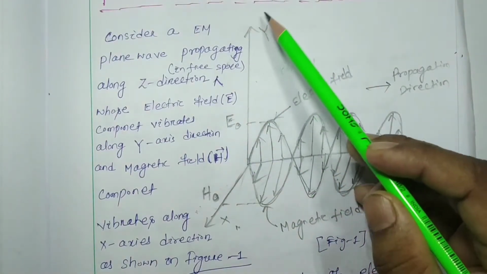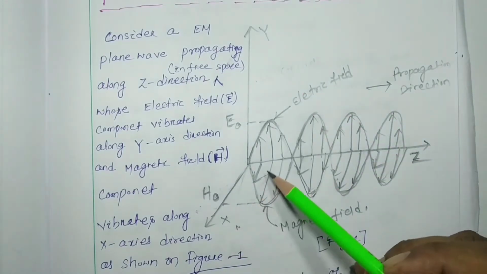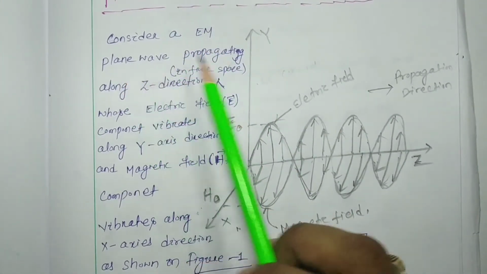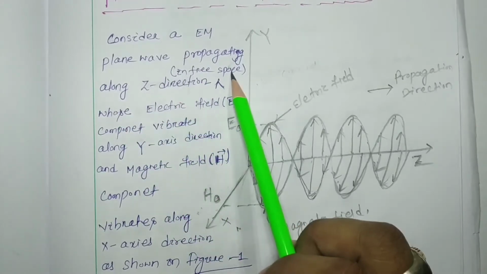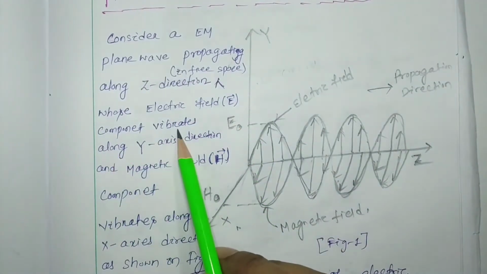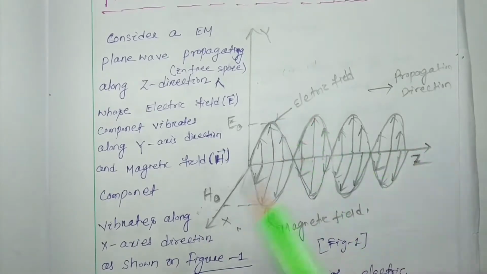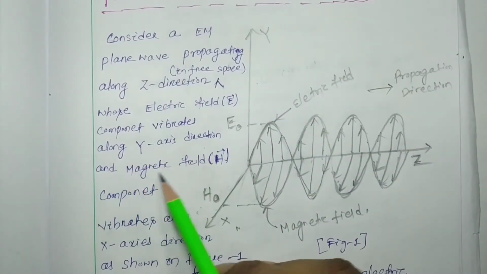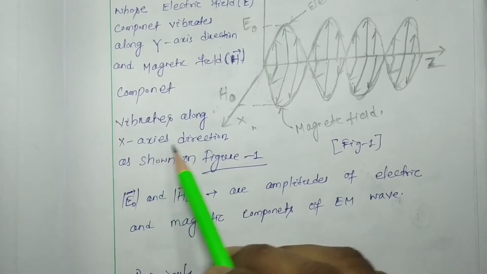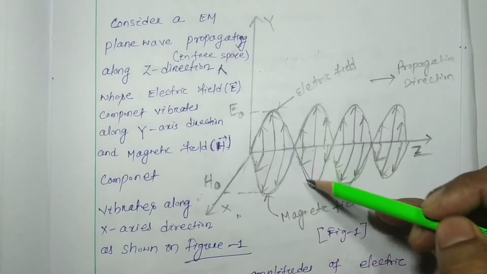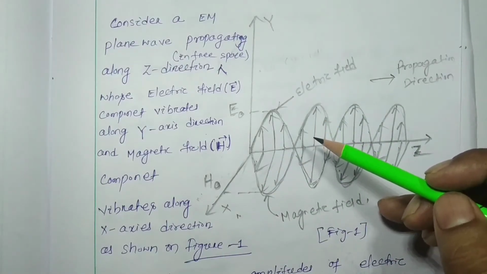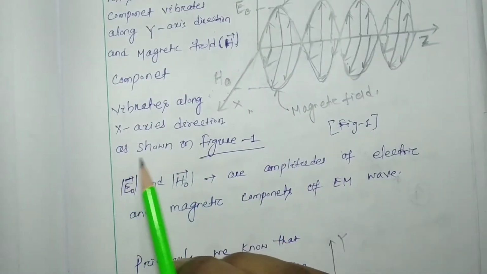The same thing has been written: consider an electromagnetic plane wave propagating along the z direction in free space, whose electric field component vibrates along the y axis direction, and the magnetic field, that is your H component, vibrates along the x axis direction, as shown in figure 1.